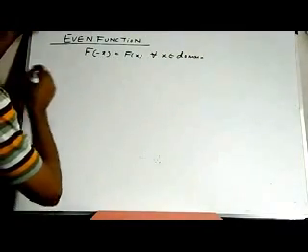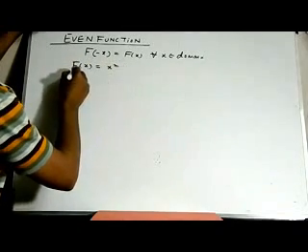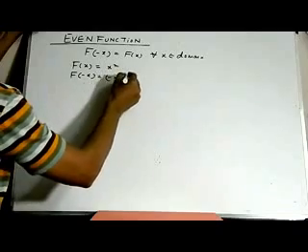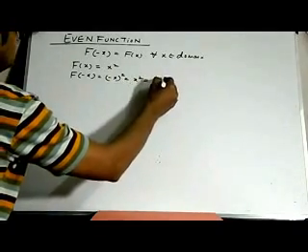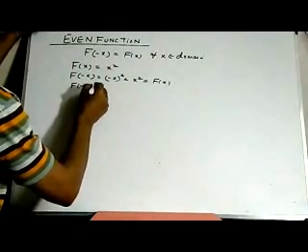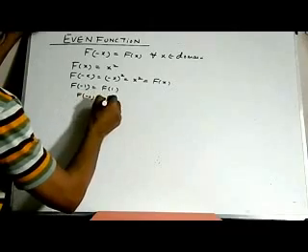For example, suppose my function is f(x) equal to x square, then what will happen? f at minus x is same as minus x whole square, which is x square, so which is same as f(x). If you see that the image of minus 1 is same as f at 1, image of minus 2 is same as f at 2.